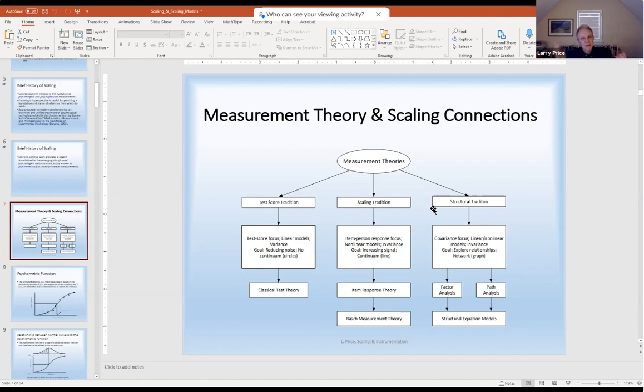It makes a lot of people uncomfortable, because there's no testable theory or model underlying this approach to scoring and scaling. So it's been criticized on that level somewhat.